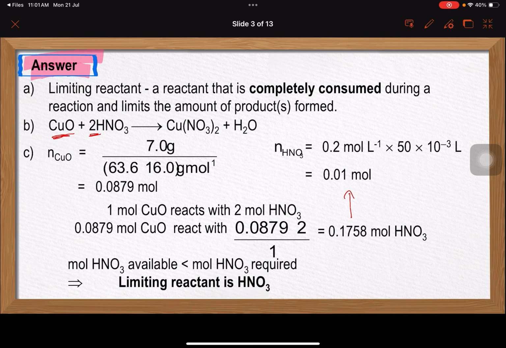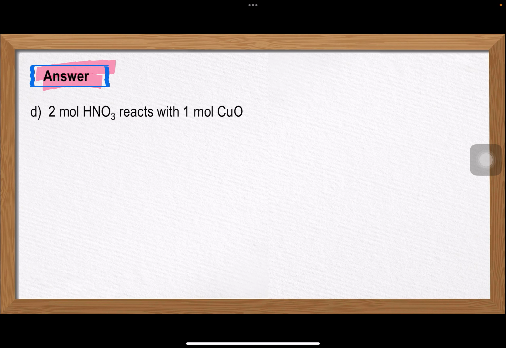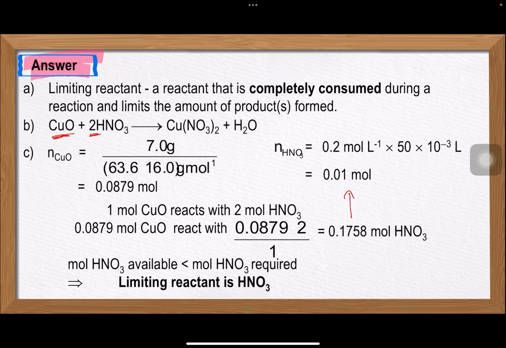For this, we get nitric acid directly as the limiting reactant. If we change to 2 mole HNO3 reacting with 1 mole CuO, maybe we get copper oxide as excess first. So the limiting reactant is HNO3. The mole of product will be determined by the mole of the limiting reactant.